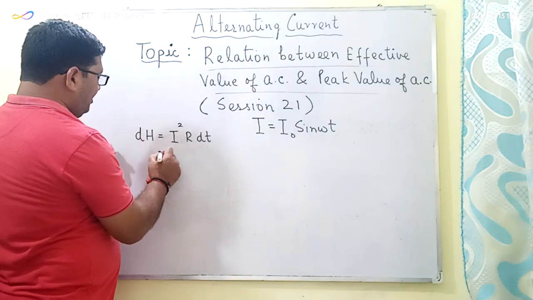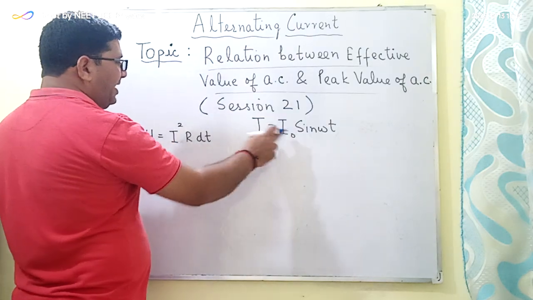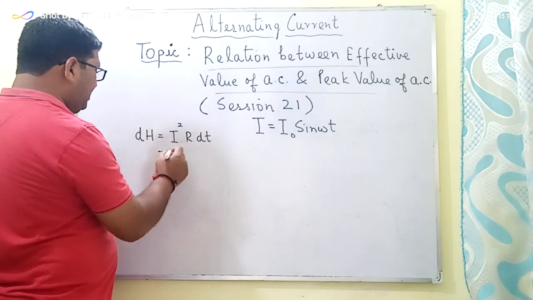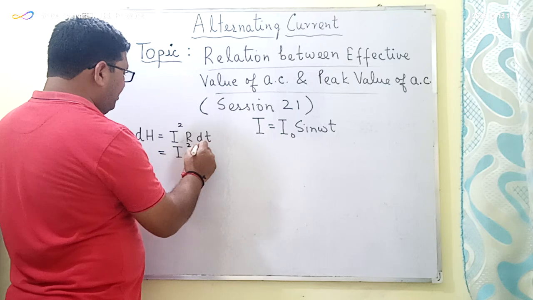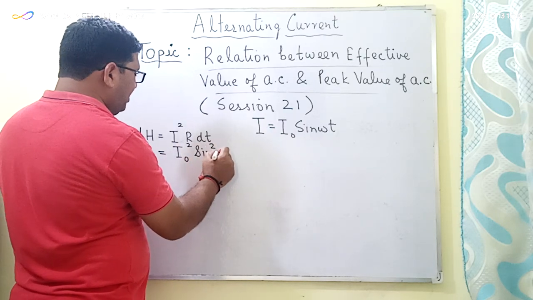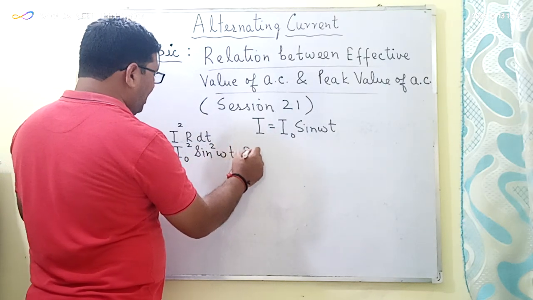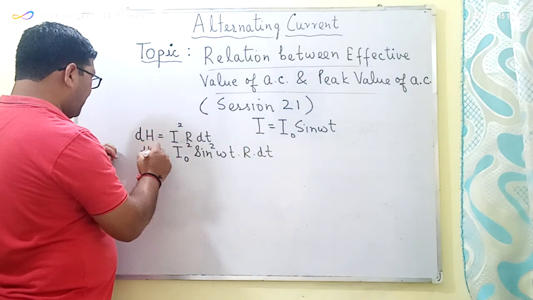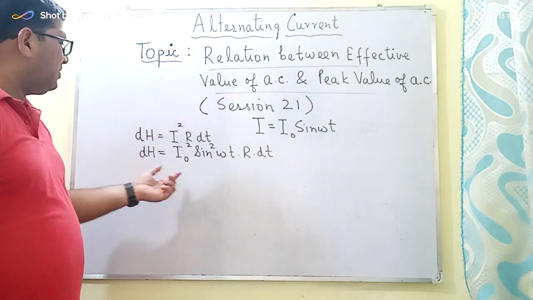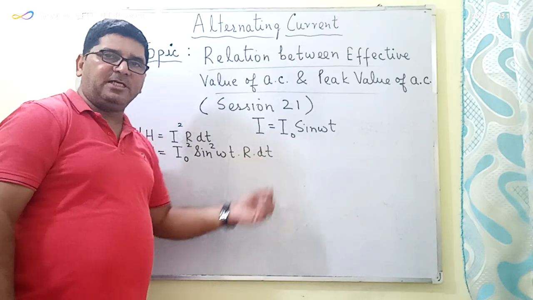So from here I will be substituting the value of I as I naught sine omega t. So this will be equal to I naught square sine square omega t into R into dt. And this is the amount of heat produced in a time interval dt.